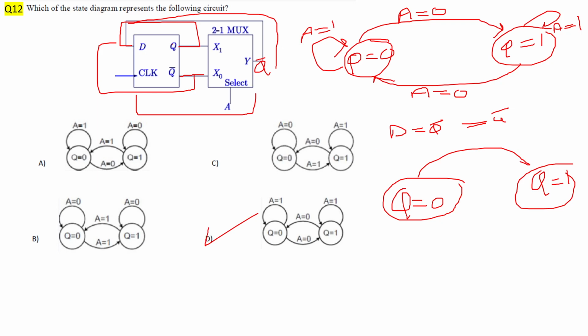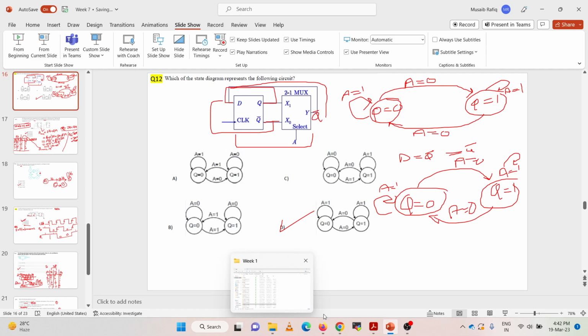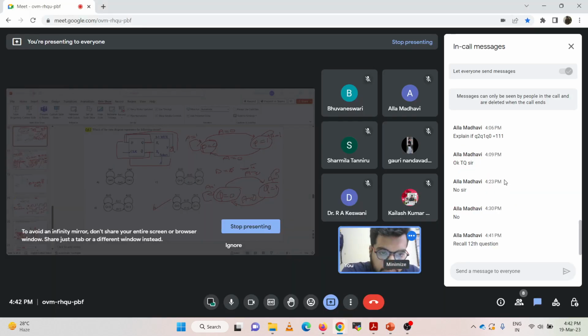So toggling will happen right here. And for A equal to 1, it will just remain at the same state. So is it clear?